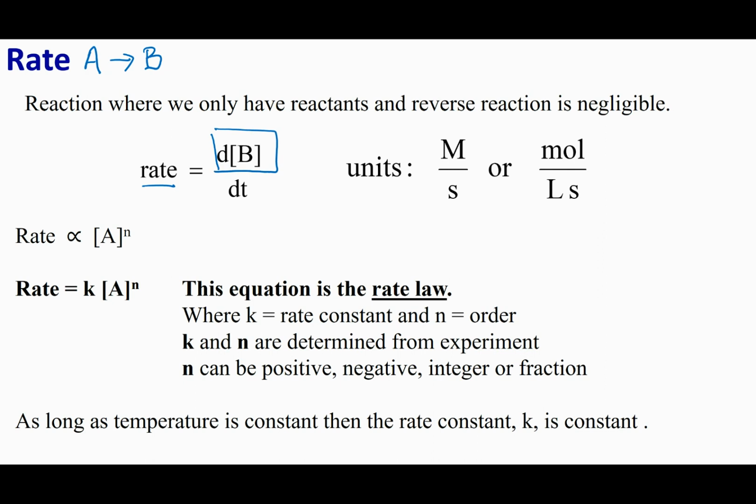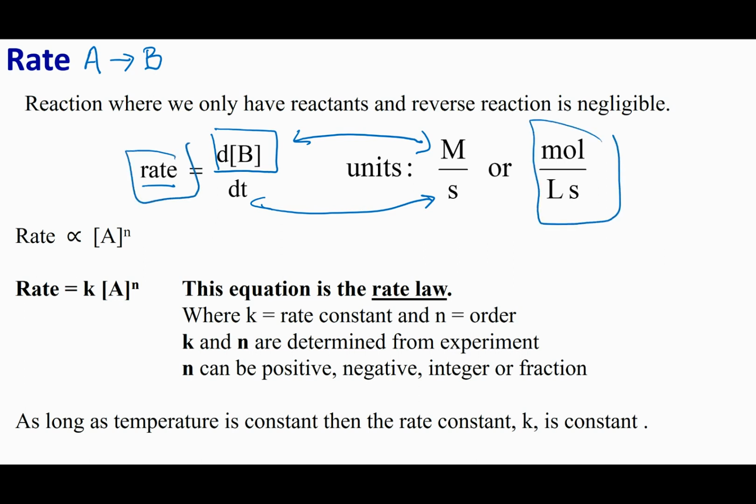Now, if it is the change in my products, remember this is the change in concentration, and concentration is measured in molarity. Time measured in seconds. And so what we have here is that rate is going to have the units of moles per liter per second. Now, if you guys think about this, this can also be molarity per second. So that's going to be the units of rates, and that is going to be consistent.